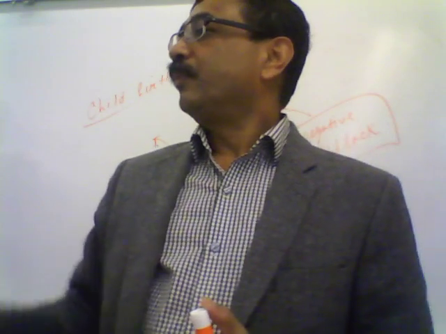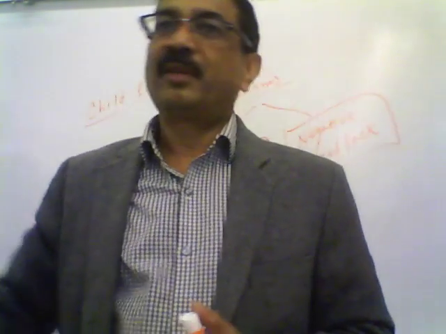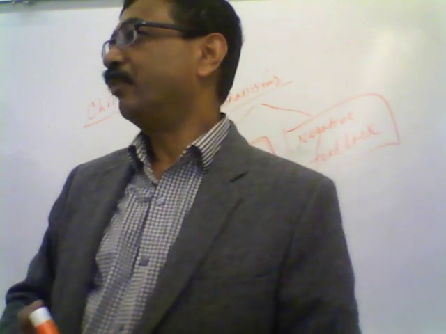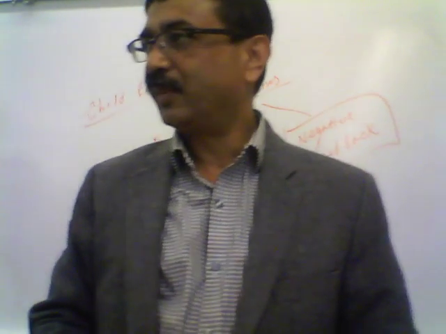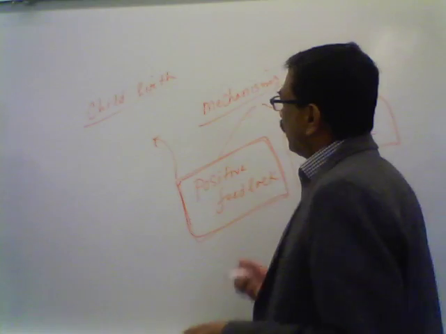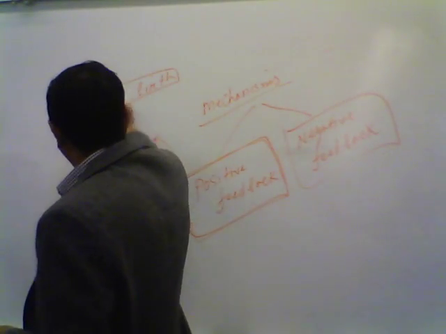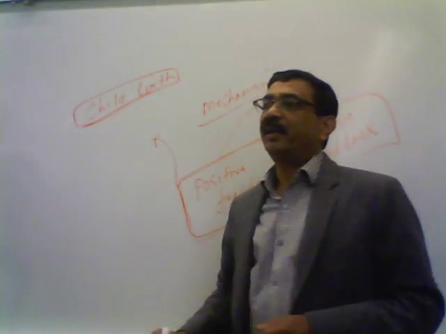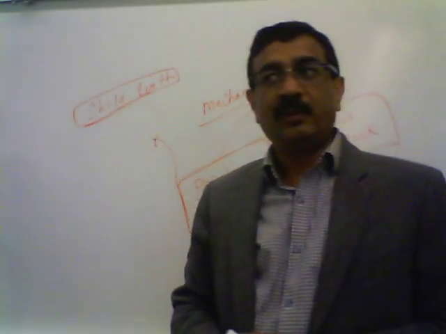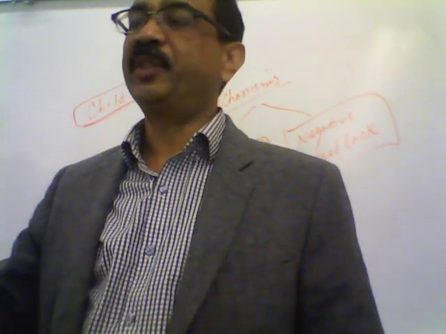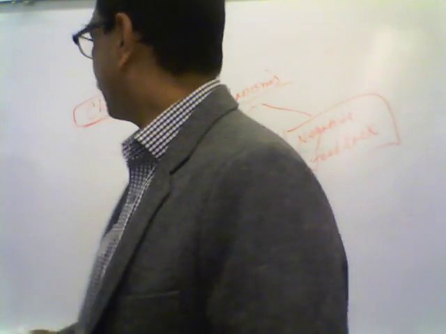Okay, so that increase of contraction is the positive feedback that occurs by positive feedback mechanism. Increase uterine contraction during childbirth, and that will continue until the task is completed. That means childbirth occurs.